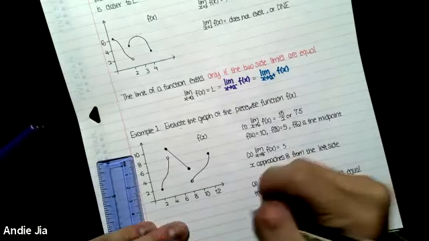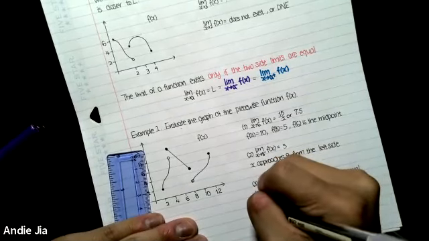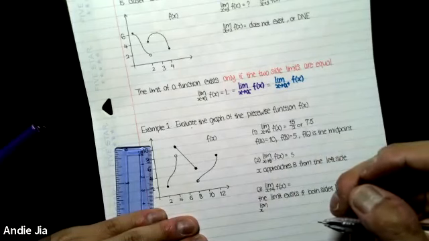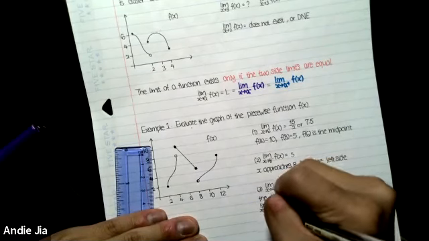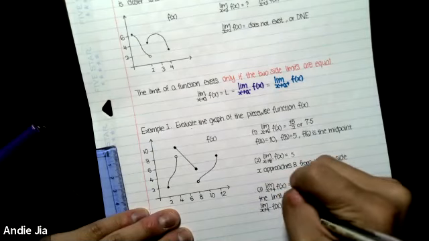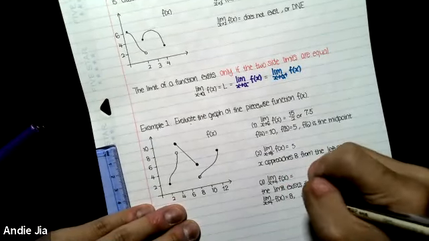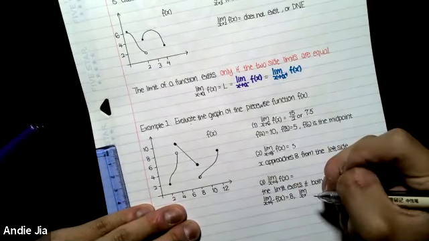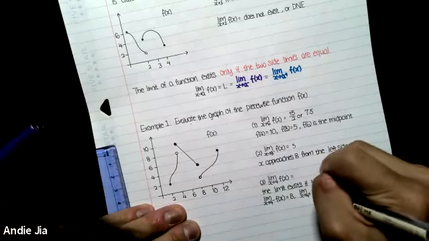In this case, the limit of f of x as x approaches 4 from the left side is 8. And the limit as x approaches 4 from the right side is 10.